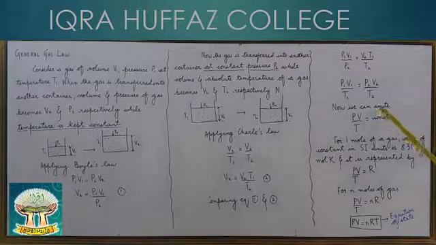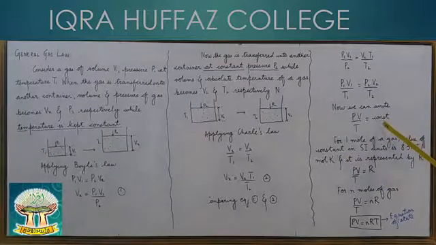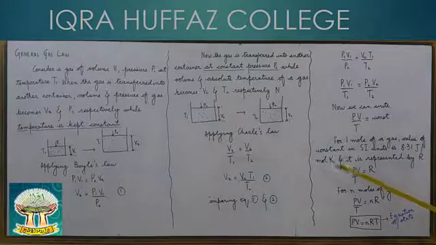So simply we can write PV upon T equals constant. This relation is written for 1 mole of a gas. The value of the constant for any gas having 1 mole is found to be the same and it equals 8.31 joule per mole Kelvin.